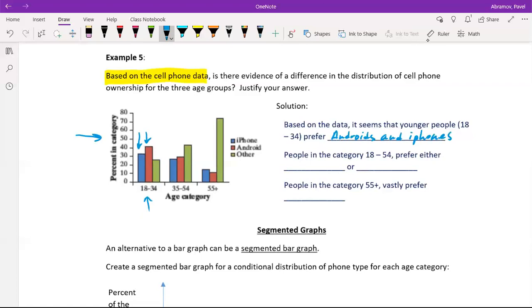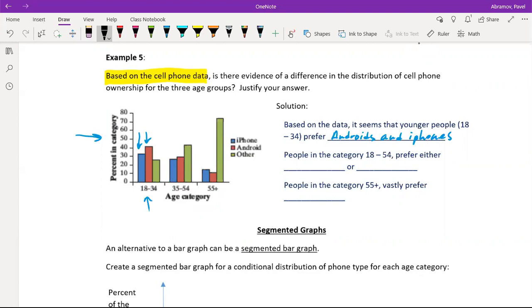The other types of phones, we don't know what they mean by other, but we can imagine it's something like BlackBerry or flip phones, things that you probably don't even know ever existed. But still, Androids and iPhones together clearly surpassed all of the other types. Between the two phones, yes, Androids are winning in that age group, but we can have an even deeper analysis there. Okay, so let's move on.